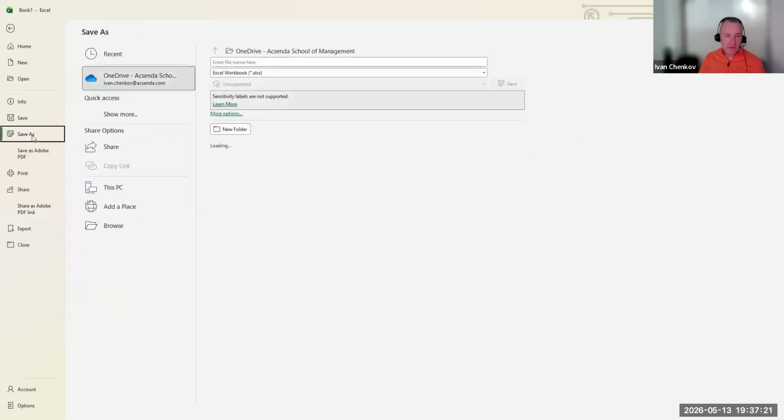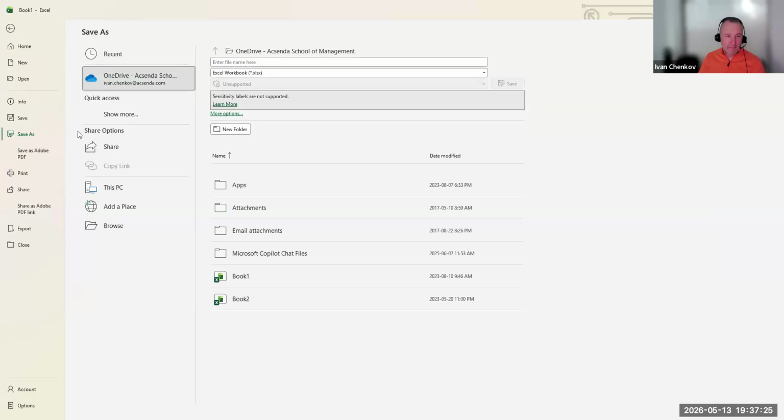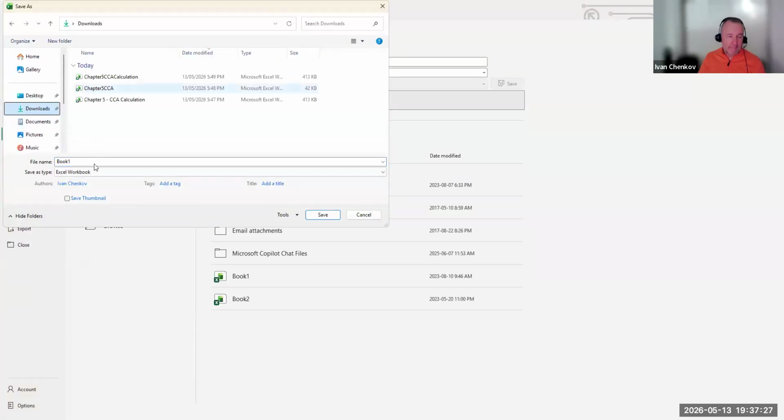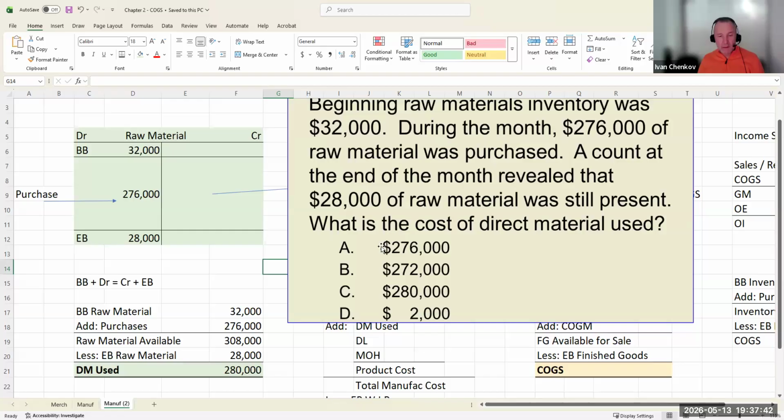Let me save it somewhere here on this device that I'm in.